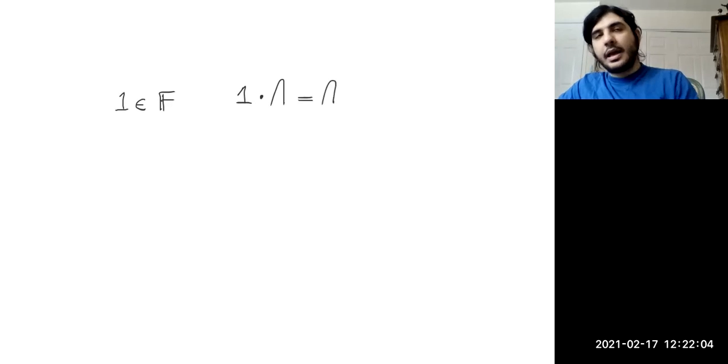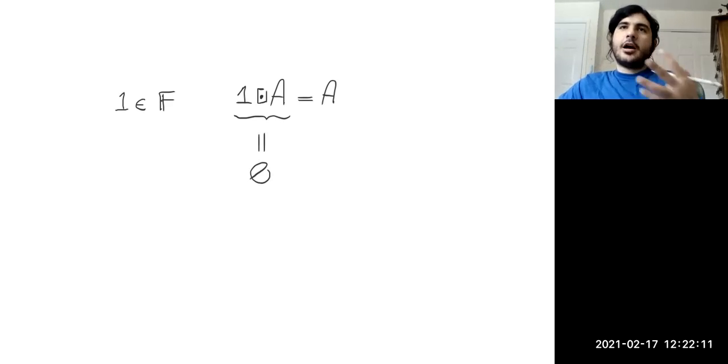One property in the definition of a vector space over a field is that if you take the identity element in your field, 1 times any vector here, which is a, should be equal to a itself. But here, our multiplication is defined to be 0. And if a is a non-zero matrix, it's not 0. Therefore, this identity does not hold. That's one problem here. That's correct. So it's not a vector space.